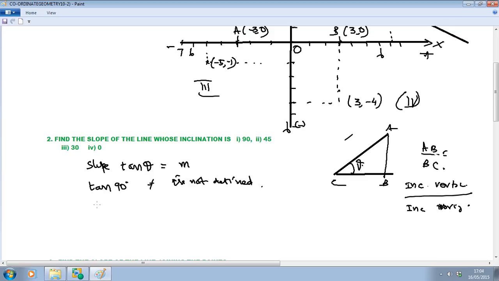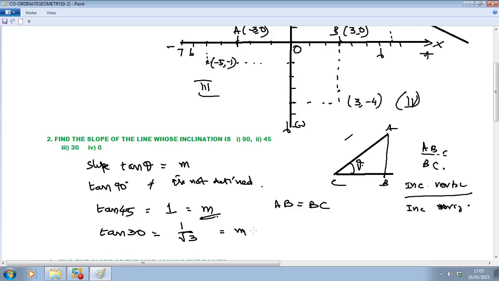Next, what is tan 45? Tan 45 is 1. So m value is 1. Tan 45 being 1 means AB is equal to BC. So the ratio AB by BC is equal to 1. Next, what is tan 30? Tan 30 is equal to 1 by root 3.